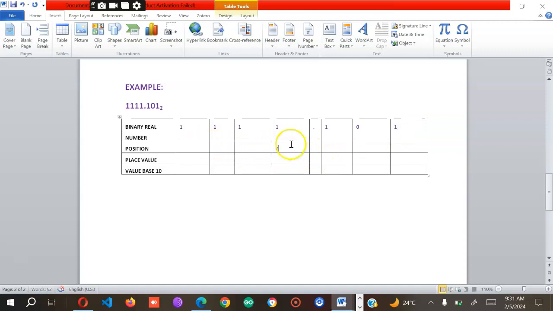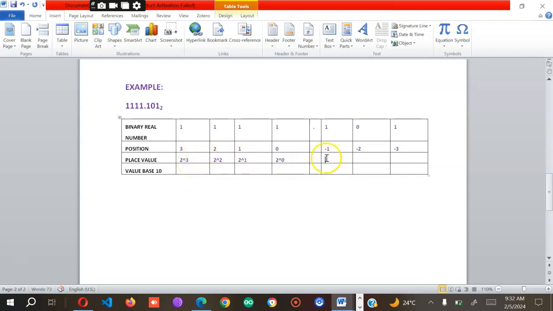As usual, the positions are 0, 1, 2, and lastly 3. On the other side they are negative 1, negative 2, negative 3. Then we have 2 raised to power 0, 2 raised to power 1, 2 raised to power 2, 2 raised to power 3.